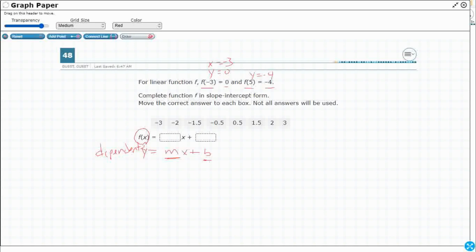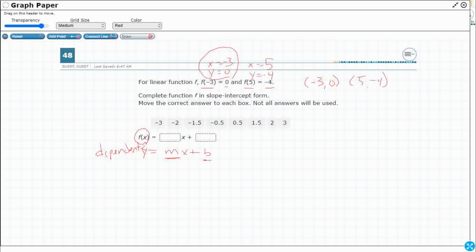What's my x? Well, they give it to you, f of 5, so x equals 5. All right, so now that I've got that, I've got 2 points. I've got 3 and 0, that's my first one. And then I've got 5, and then -4.